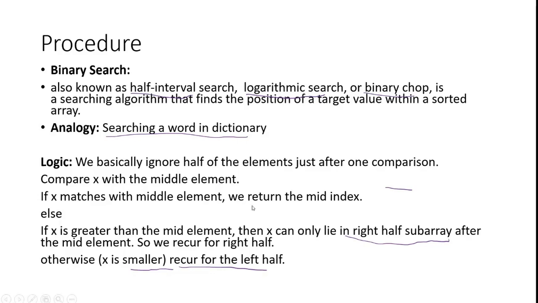Now let us understand this procedure with the help of a numerical example. So suppose we are having a list of elements 2, 5, 7, 8, 10, 11, 15, 16. Suppose this is the list of values where we have to find some number.